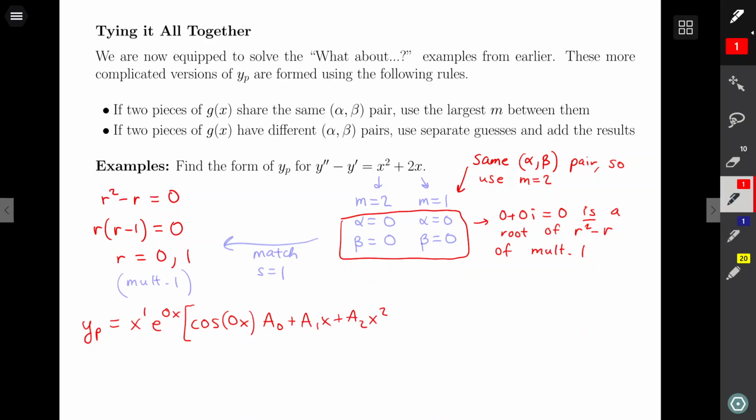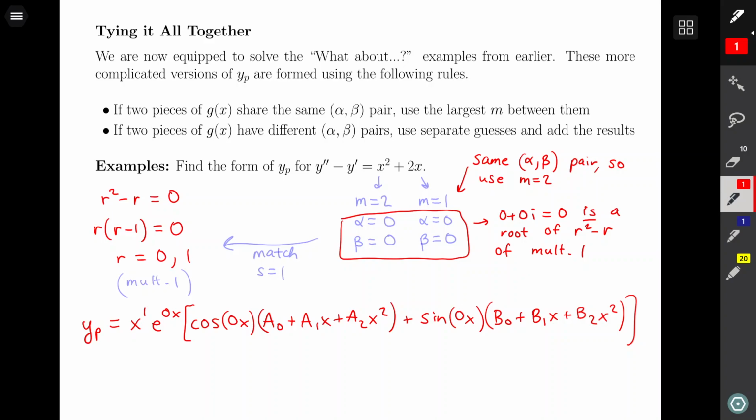Do the same thing for sine, but use different labels for the constants. Remember, you don't want to reuse A0 and A1, etc., because these are all going to be different, most likely.